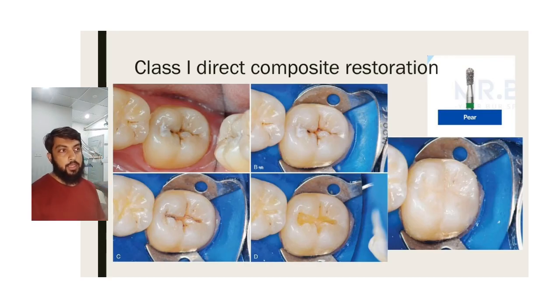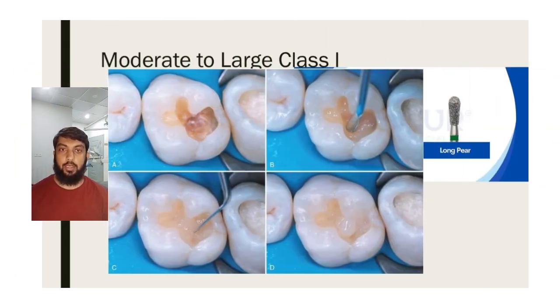In case of moderate to large class 1 cavities, for tooth preparation we are going to first make an outline form with the elongated pear-shaped bur, as you can see in the image. Then you are going to use any kind of liner, base, or something like that if it is needed. If you are near the pulp and the remaining dentine thickness is less, you are going to use RMGIC or MTA or chemically modified calcium hydroxide paste such as Dycal or TheraCal, their own trademarks.